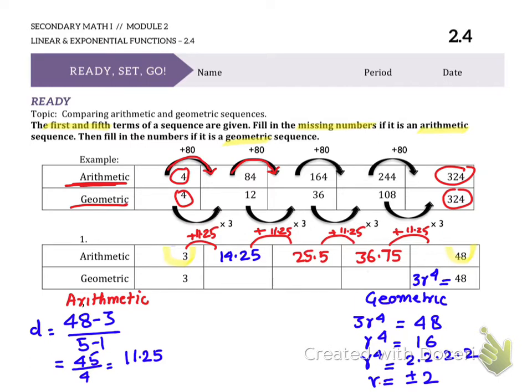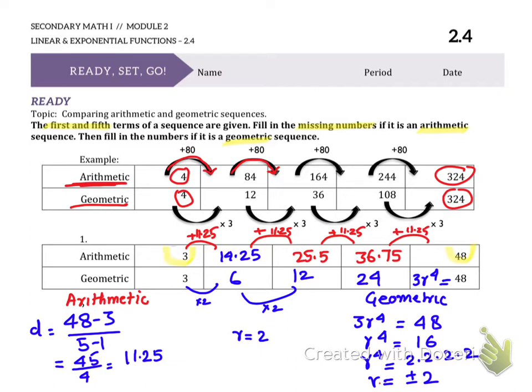Here I can check which one is going to work. Let's check with the plus one. If r is plus 2, how does the sequence build up? Let me write it here. If r is 2, I multiply by 2, so 3 times 2 is 6, again multiply by 2, that's 12, and then 24, and then 48.